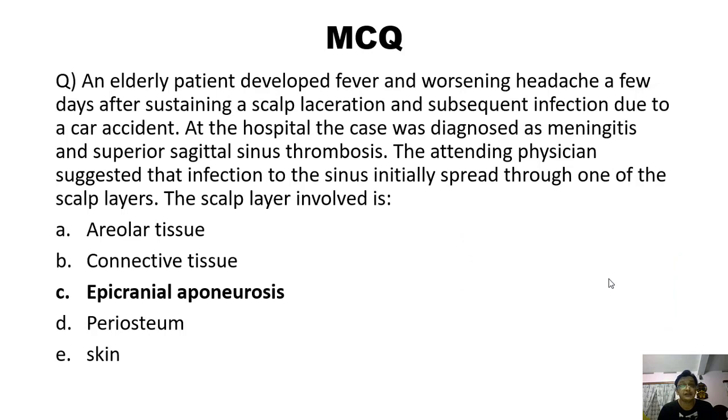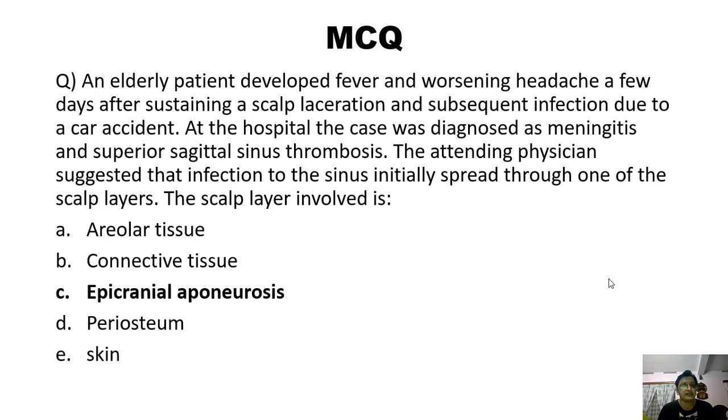An elderly patient developed fever and worsening headache a few days after sustaining a scalp laceration and subsequent infection due to a car accident. At the hospital, the case was diagnosed as meningitis and superior sagittal sinus thrombosis. The attending physician suggested that infection to the sinus initially spread through one of the scalp layers.